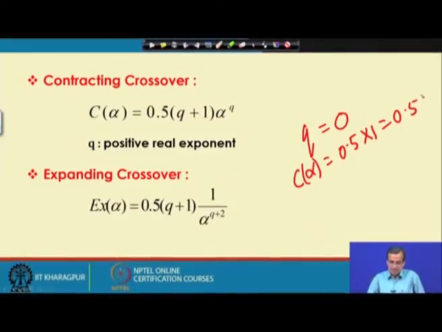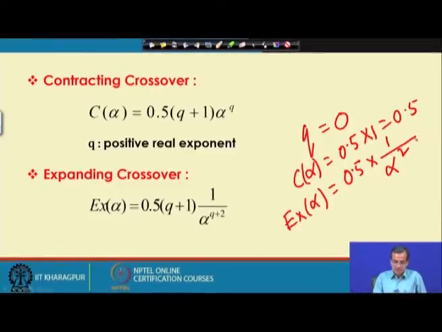On the other hand, for q equal to 0, the E x alpha will become equal to 0.5 multiplied by 1 divided by alpha square, because q equals 0 here. So, 0.5 into 1 divided by alpha square.